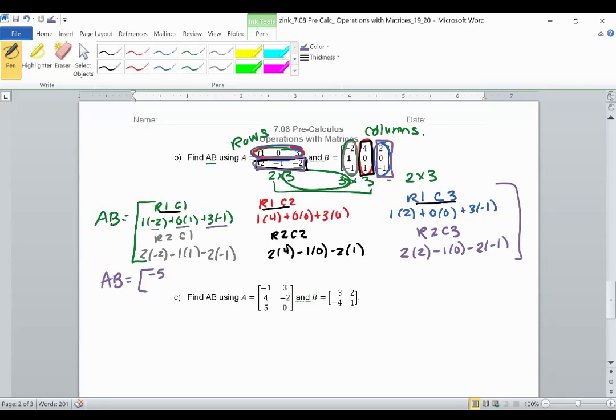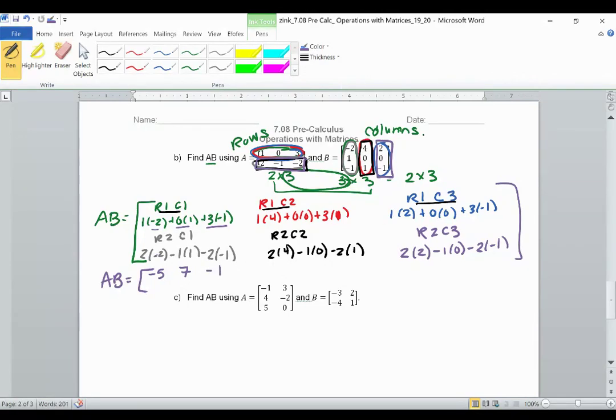This one should have been a 1 right here. So we've got 4 plus 0 plus 3 is 7. And row 1, column 3, we've got 2 plus 0 minus 3 is negative 1.